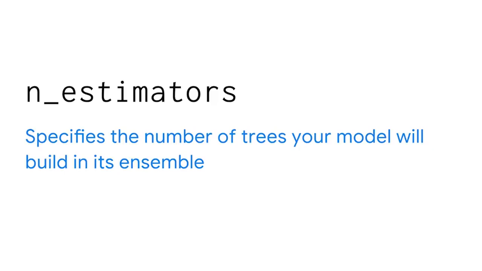The second hyperparameter, number of estimators, controls how many decision trees your model will build for its ensemble. For example, if you set your number of estimators to 300, your model will train 300 individual trees. If you're building regression trees, then the model's final prediction would average the predictions of all 300 trees.